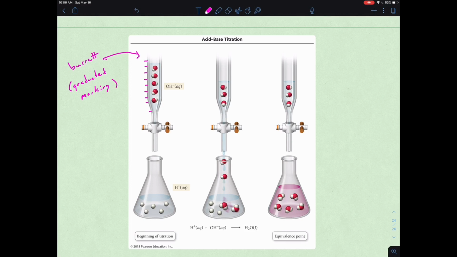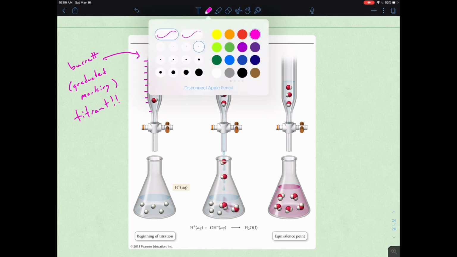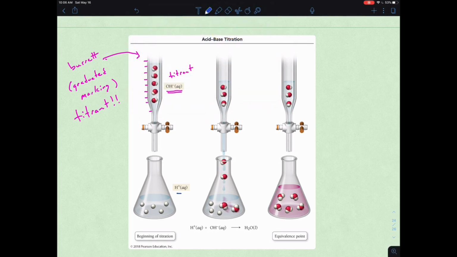This is also where the titrant is. Here our titrant in this particular example would be hydroxide. And down here would be the analyte, what we're trying to figure out.